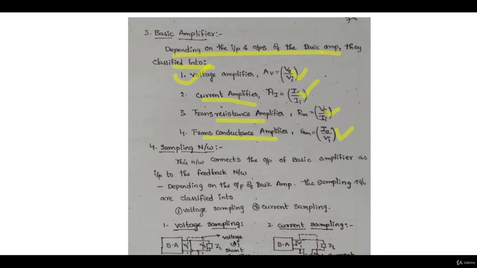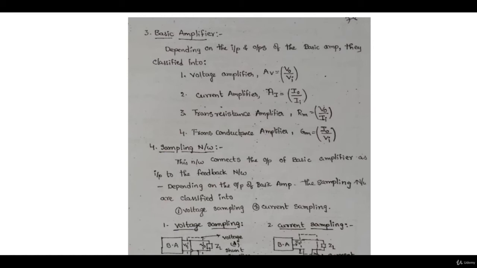This is a top level you can think of. In these four ways we will be defining basic amplifiers. Either we will be taking voltage ratios, current ratios, voltage to current ratios, or current to voltage ratios. That is the top overview of the basic amplifier.